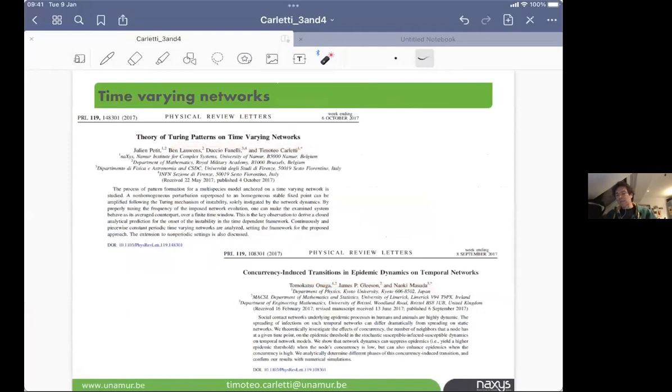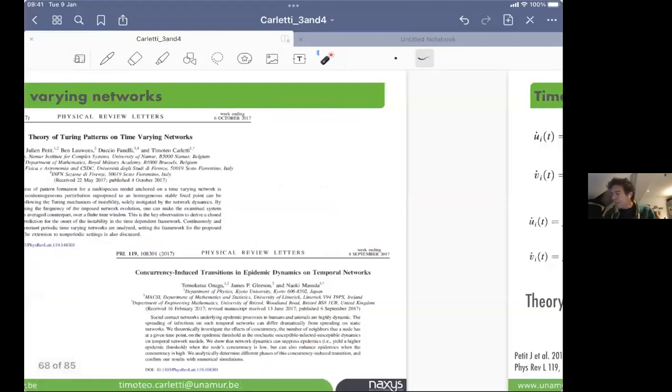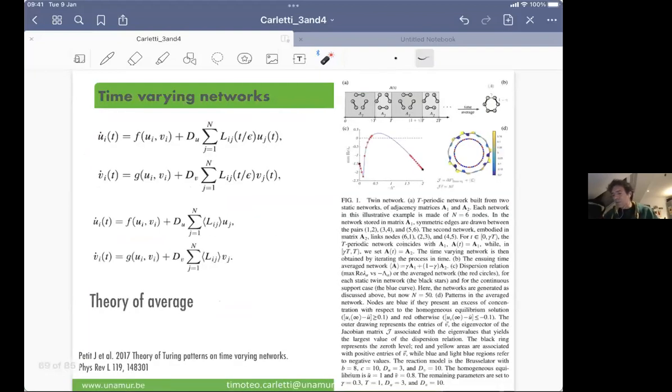So again, here is a phenomenon where higher order, if you want, time variation is important for the emergence of the instability. And okay, I skip this part, just to quote, if you use again one result from dynamical systems theory, which is the theorem of averaging.